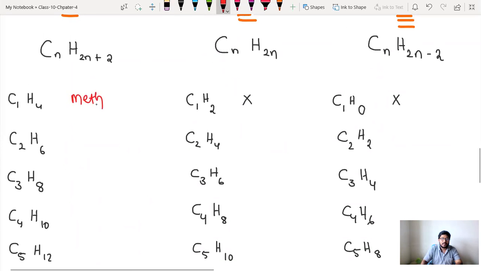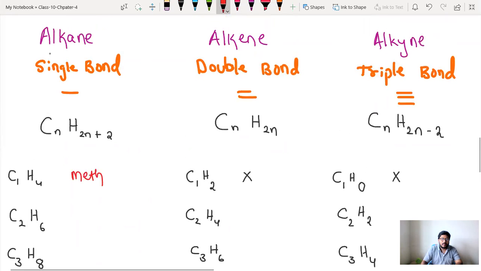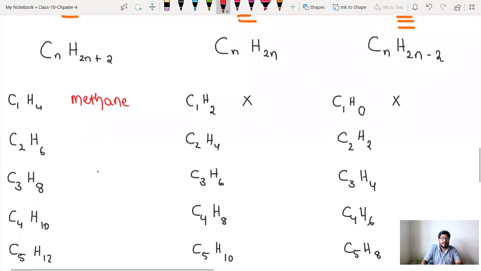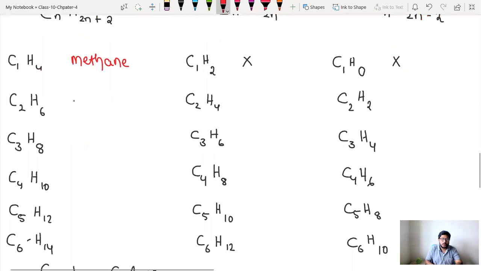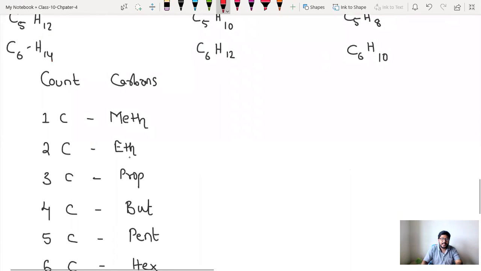Here, it is coming under what category? Alkane category. If you are representing alkane, the suffix ane should be added. Methane.